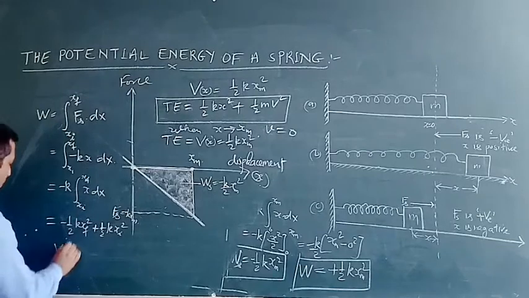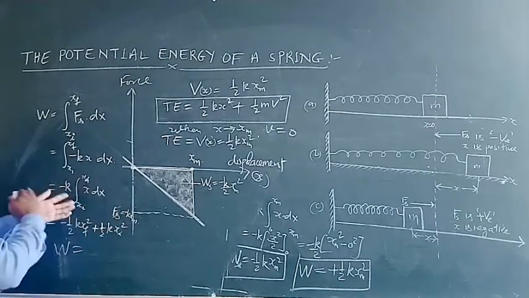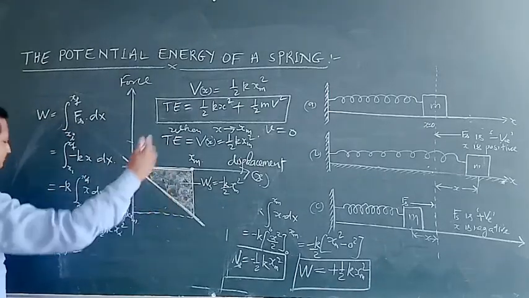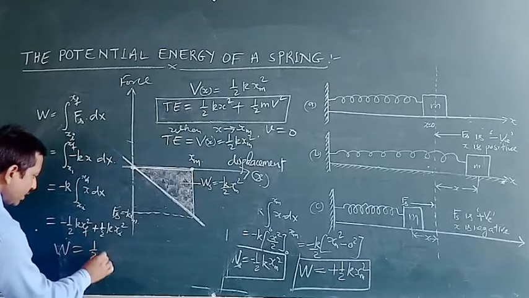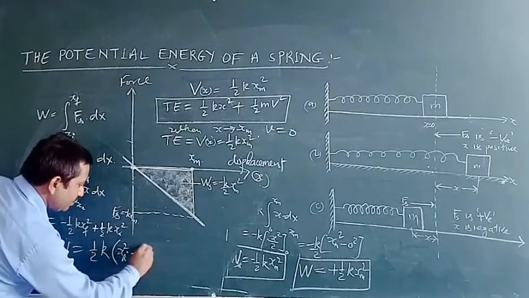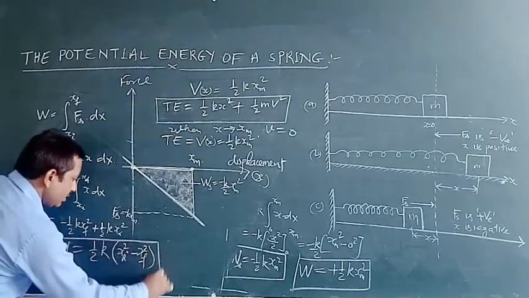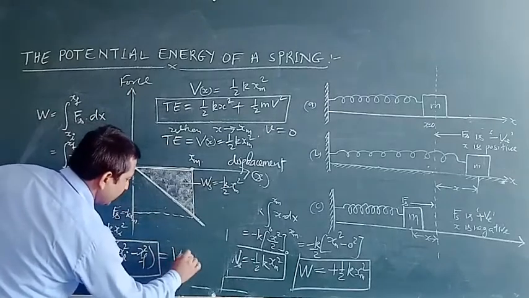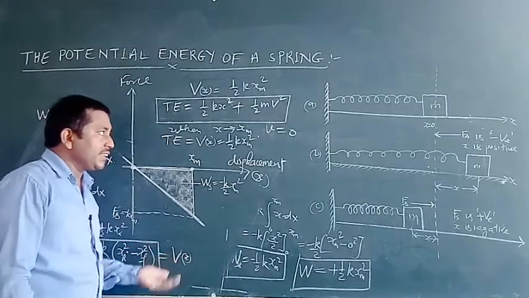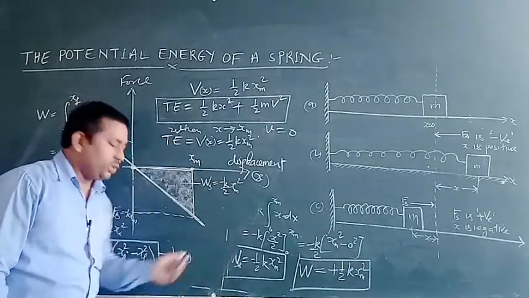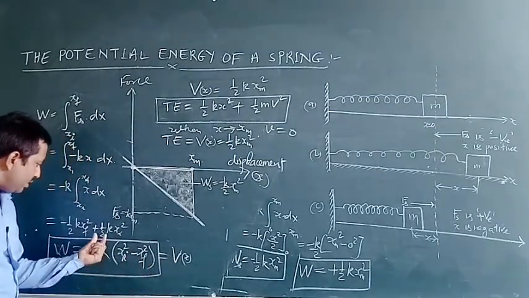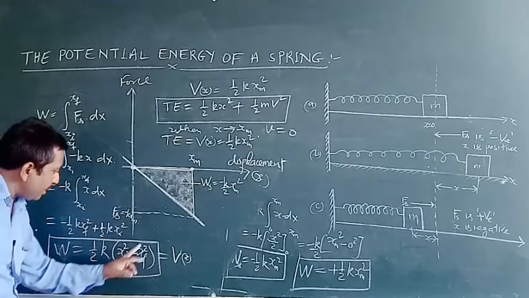So the total work done, or the total potential energy stored in the spring by displacing the object from position xi to position xf, is half k times xi square minus xf square. This is the potential energy stored in the spring when the object connected to it displaces from xi to xf.